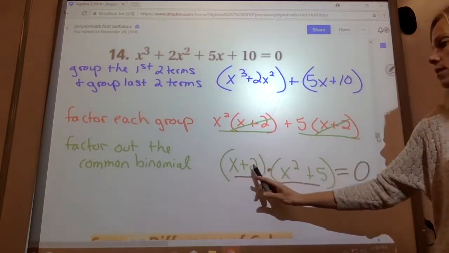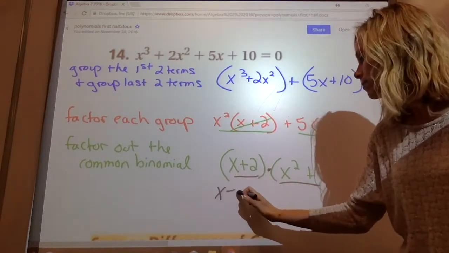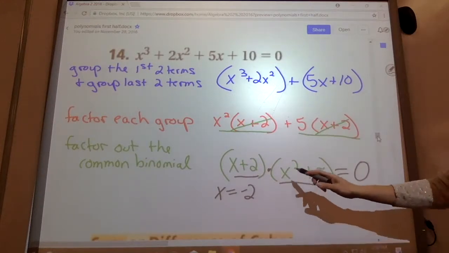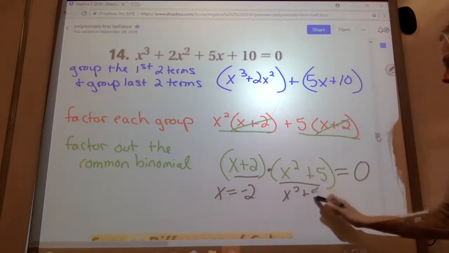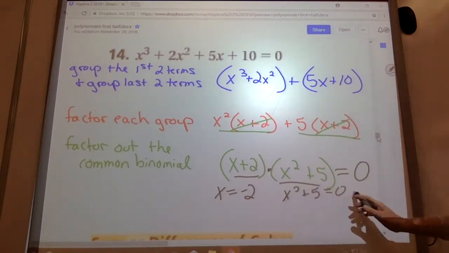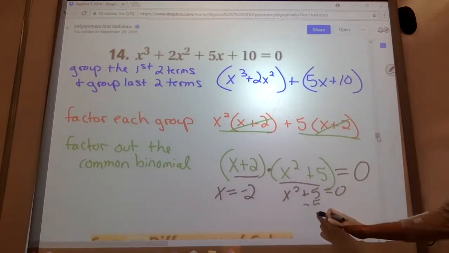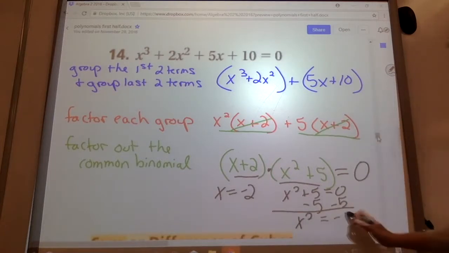So this one's easy. What plus 2 gives me 0? Negative 2. This one's a little bit trickier because it's x squared. So I would set that equal to 0 and solve. What x value would make this equal 0? Use my algebra skills, subtract 5. So x squared equals negative 5.